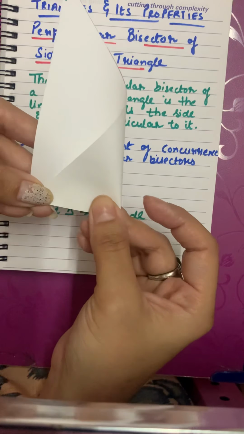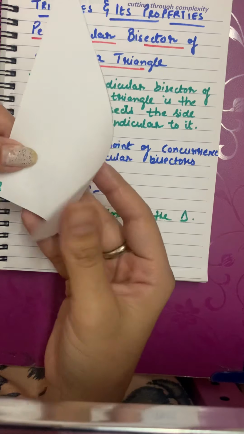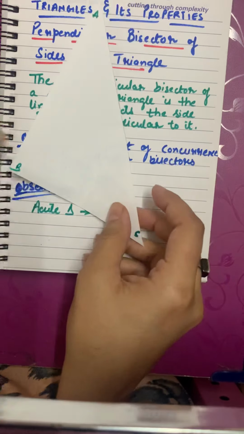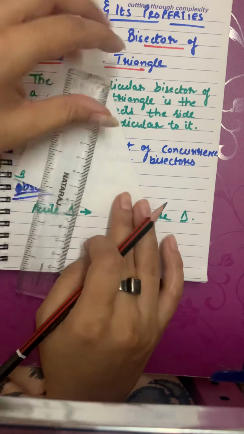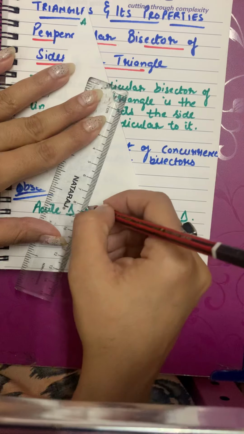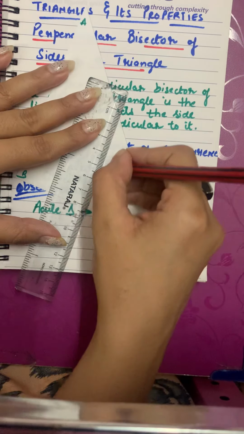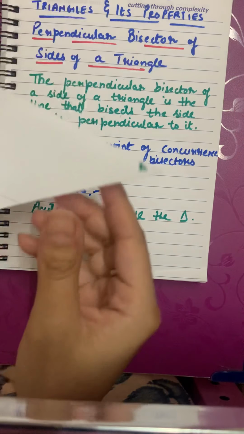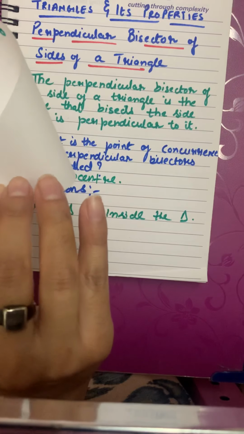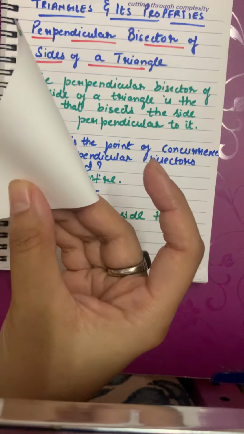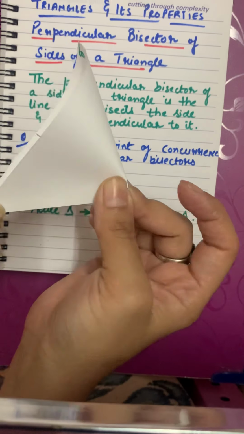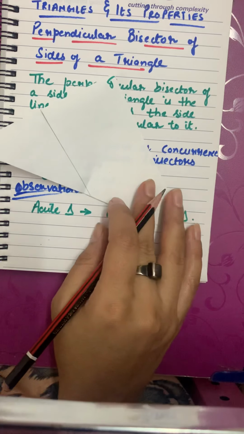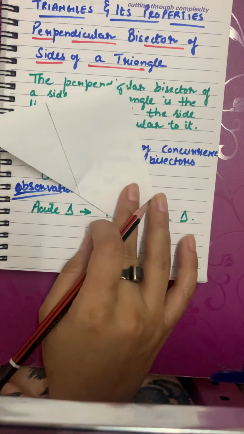I'll overlap B to C. This crease is my midpoint of BC. I'll take my pencil and my ruler and make a straight line like this. Now I'm going to find midpoint of AC and overlap A to C. This crease is my midpoint of AC.